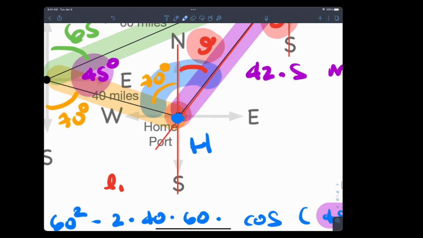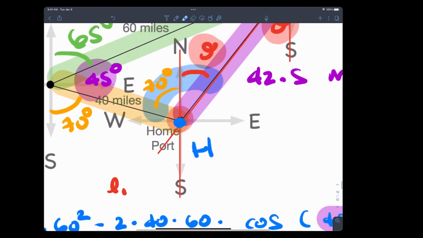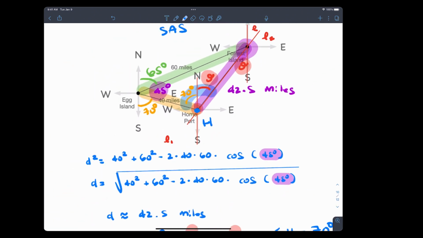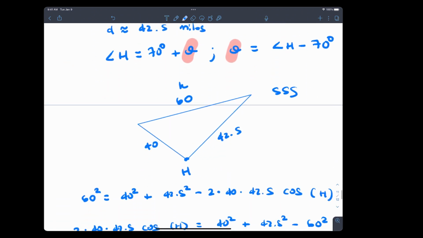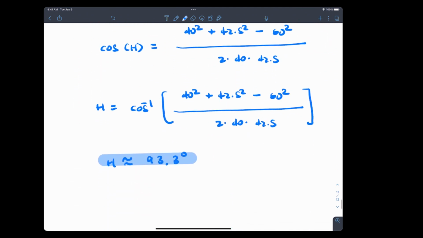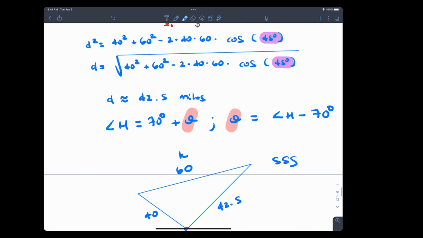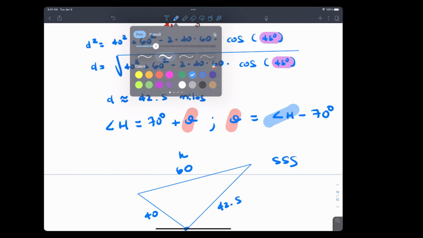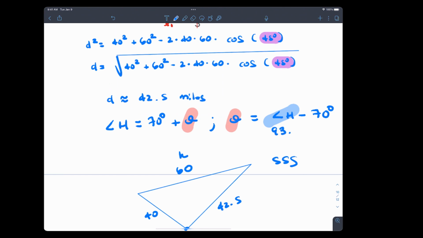This is the blue portion here. But H is the sum of 70 plus theta. So 93.3 goes right here. So here's the deal. 93.3 degrees.